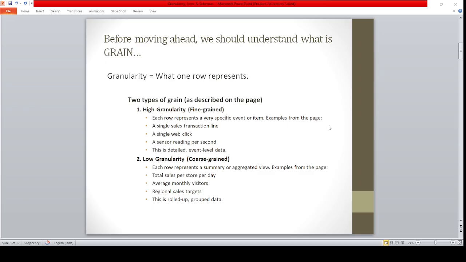If you have any table, there are many rows in it, and each row represents something, like sales per region per year. All rows represent the same thing but with different quantities. So grain is the representation of any particular row.